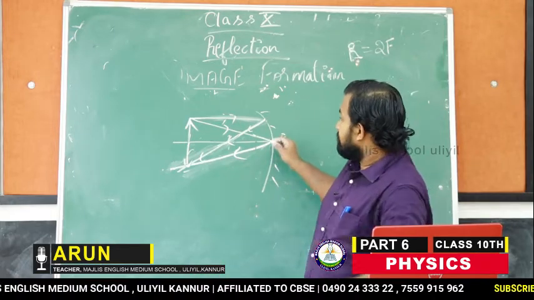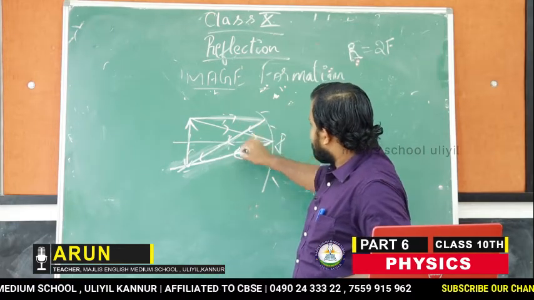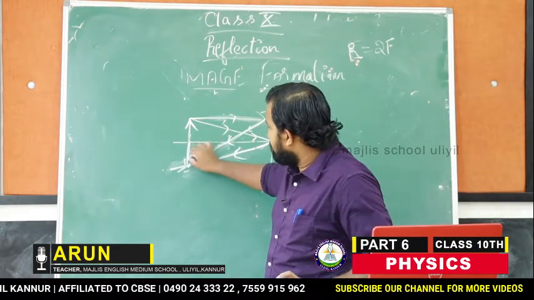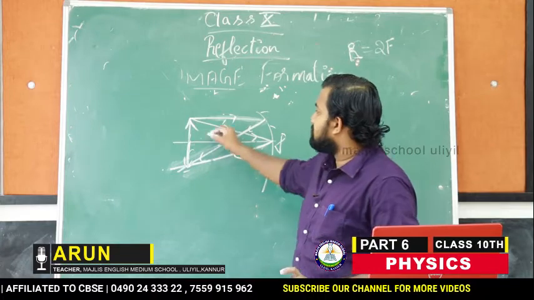Okay. So the second ray I have taken is passing through the pole. What will happen? I am getting the image at C itself.